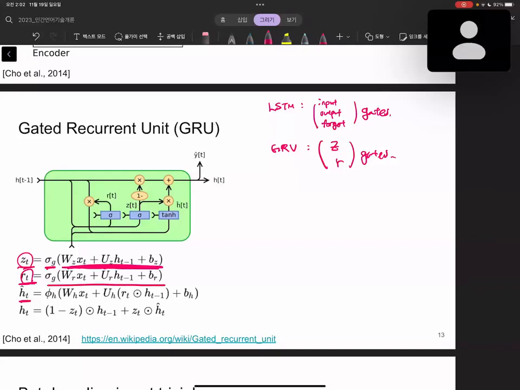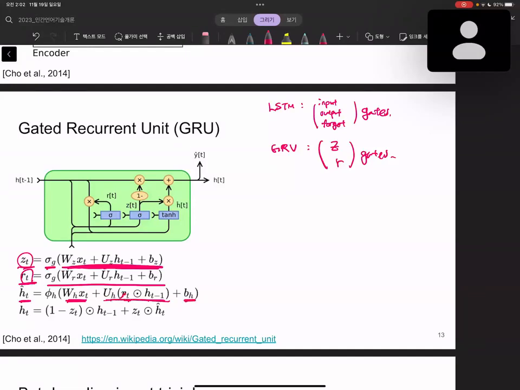And now the h hat can be computed by the linear transformation of the current input, and then r t is used as a gate here for the previous hidden state, which is also linearly transformed. And here is the bias.